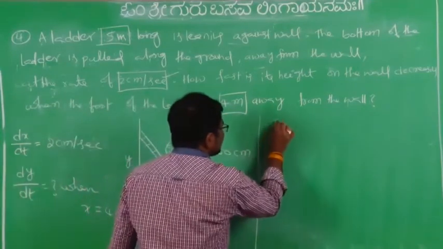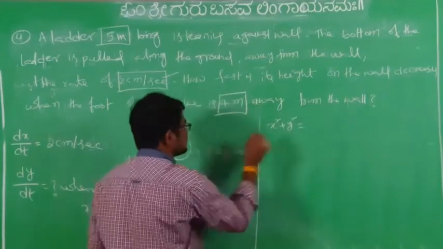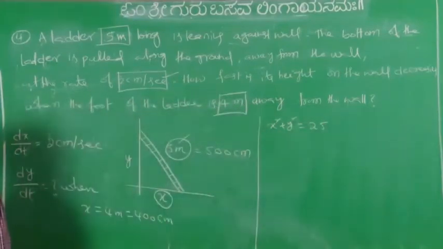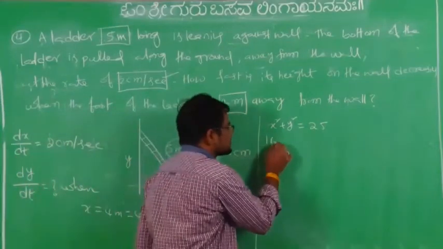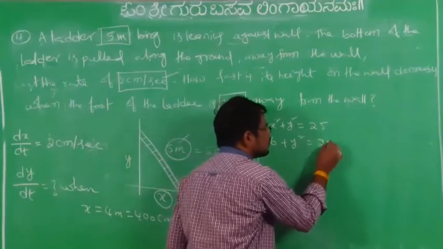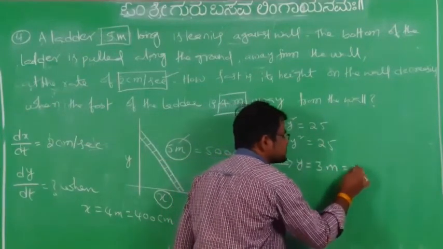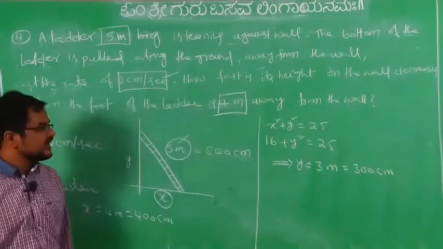From the figure you can write x square plus y square equal to 25, if you take in terms of meters, and x also 4, 16 plus y square equal to 25, that implies y equal to 3 meters, that is equal to 300 centimeters.